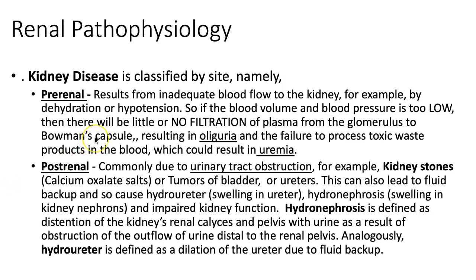So pre-renal is a situation where the blood pressure and blood volume has gone down for reasons of hemorrhage or water loss due to severe dehydration. And that means that you can't filter, because water moves from high to low pressure, so you can't filter the plasma that you want to purify into Bowman's capsule. That's pre-renal disease.